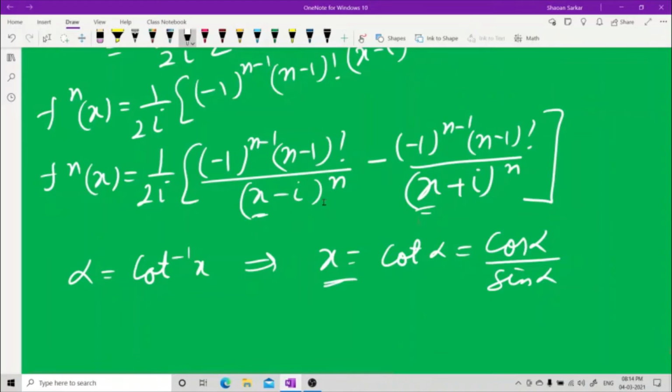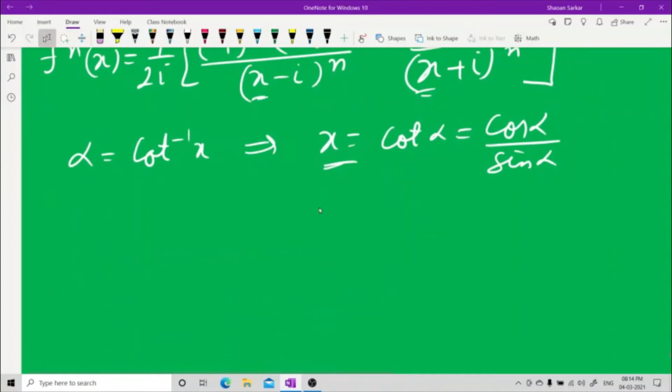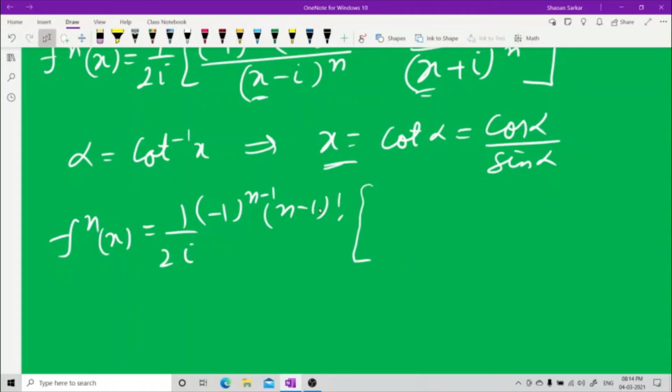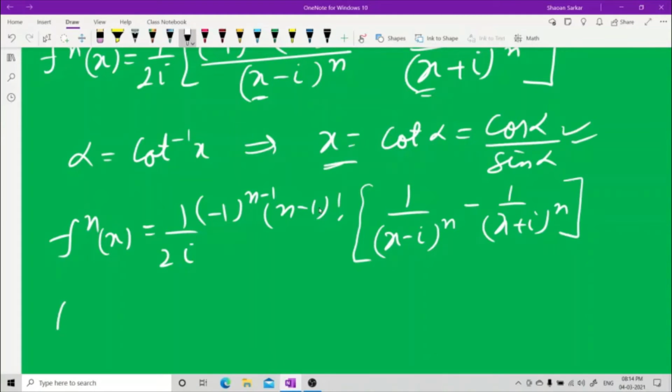So now you have f^n(x). You take 1 by 2i, (-1)^(n-1) (n-1)!. In the bracket you have (x - i)^n upon (x + i)^n. In the place of x, write this.